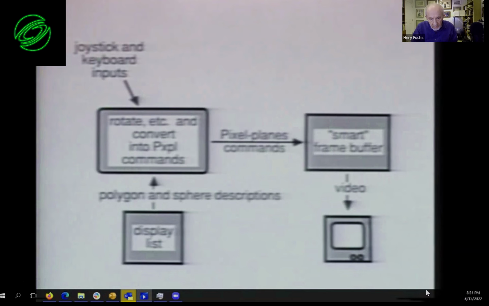The only unusual aspect here is that the description of each polygon is broadcast into the frame buffer, and all the pixel-level processing is done by the custom so-called smart frame buffer. That is, there is no rendering engine outside the frame buffer that converts a polygon into pixels and then stores each pixel in a conventional frame buffer memory.